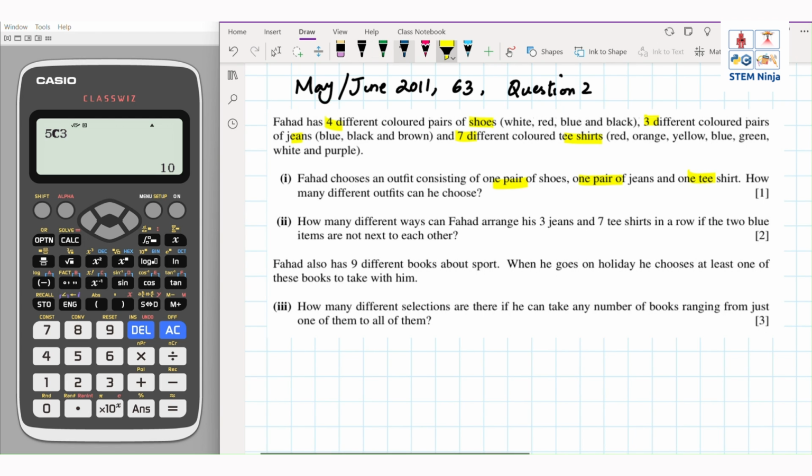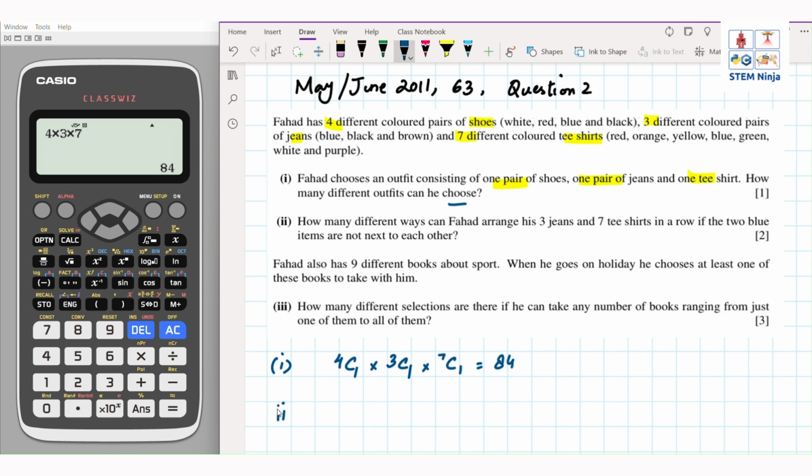So how many different outfits can he choose? So this is a choose question. From 4 colors of shoes, he can choose 4C1, from jeans 3C1, and from t-shirts 7C1. So it's basically just 4 times 3 times 7, 84.